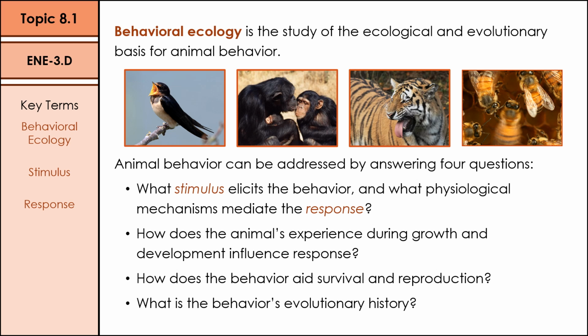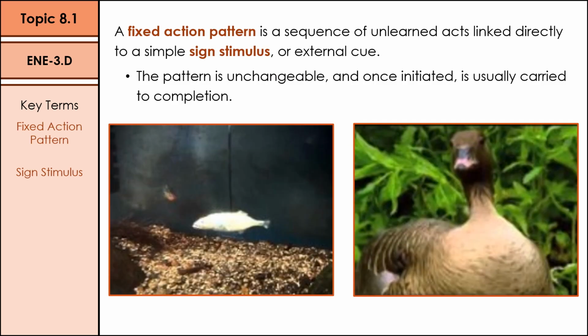So those are our proximate questions. And then our ultimate questions include things like, how does the behavior aid survival and reproduction? And what is the behavior's evolutionary history? We're going to touch on a couple of different types of behaviors, those that include innate and learned behaviors when we're focusing on animals. And then at the very end, we'll come back to plants.